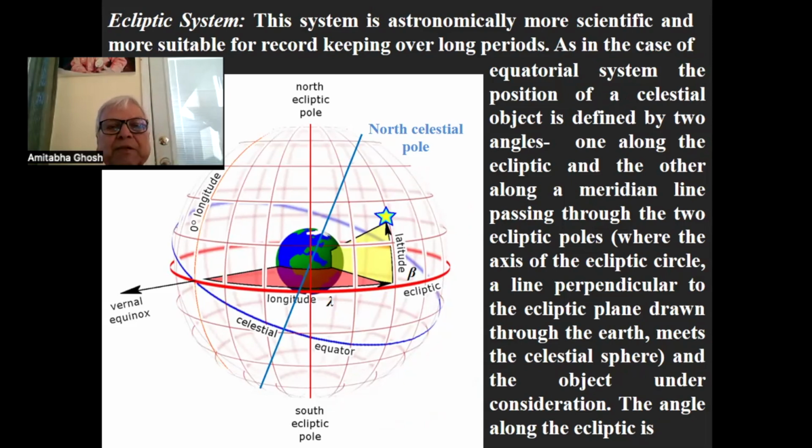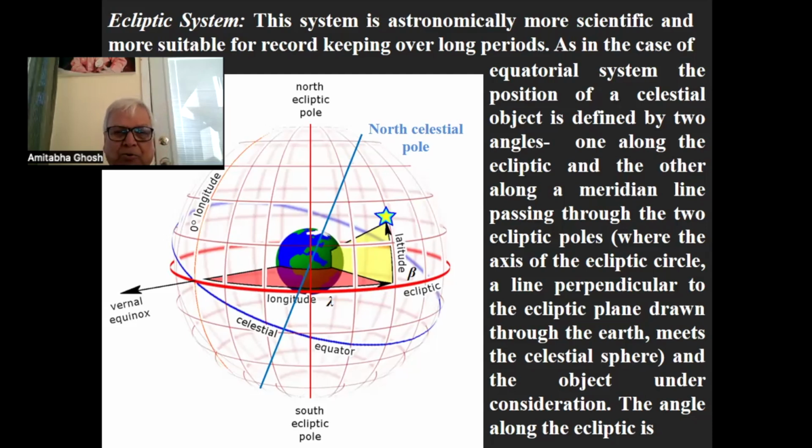In that, the first system was the equatorial system, which was very similar to Earth's system. That means the celestial equator is there, and there is a chosen preferred meridian, which is, of course, arbitrary. In ancient times it passed through a different place, but nowadays the internationally accepted reference meridian passes through Greenwich.